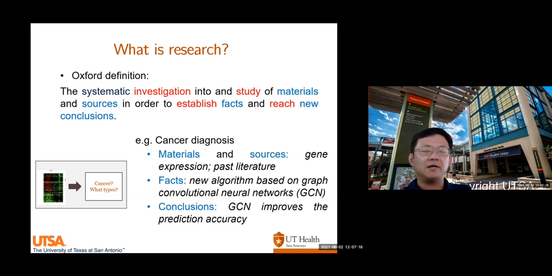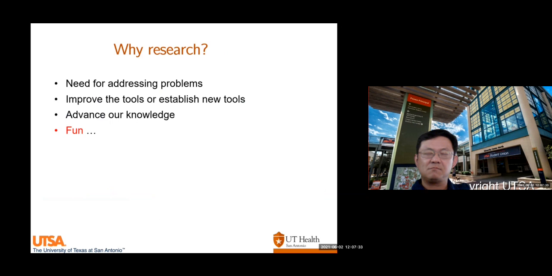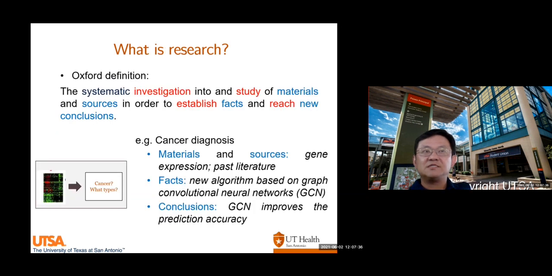So let's start by looking at this question about what research really is, right? So by Oxford definition, research is the systematic investigation into the study of materials and sources in order to establish facts and reach new conclusions.